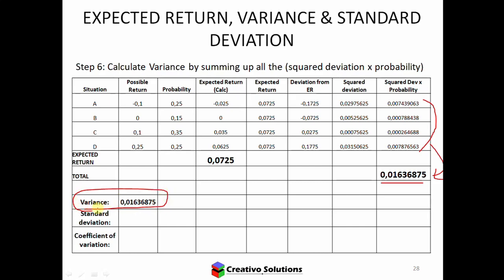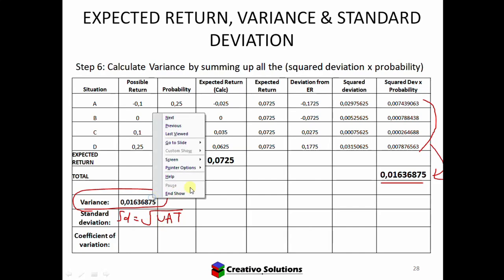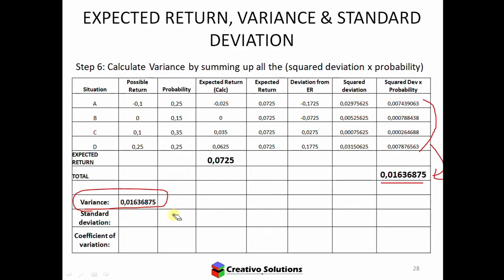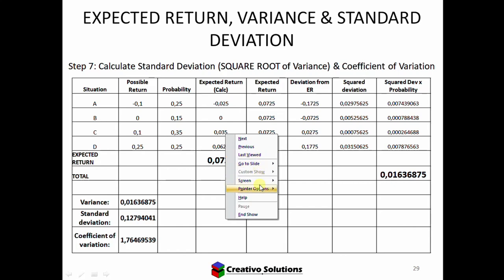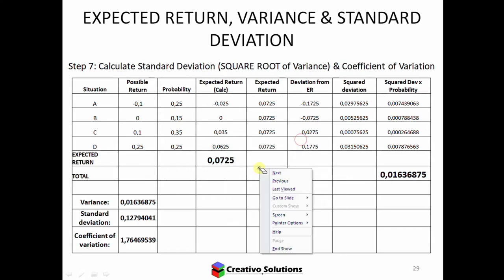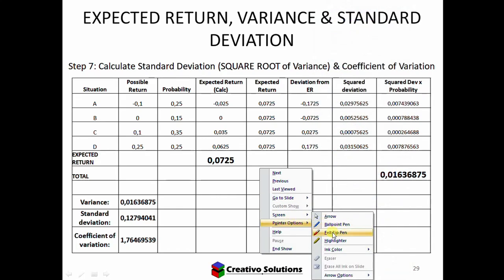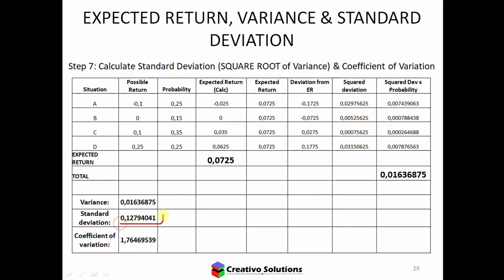Once you've got the variance, you know standard deviation is the square root of the variance. That's something that you can type into your calculator to get the right answer. If we do the typing into your calculator, you're going to get a standard deviation amounting to that. 12.79% if we round it off to 2 decimal places, as a percentage, not as a decimal.